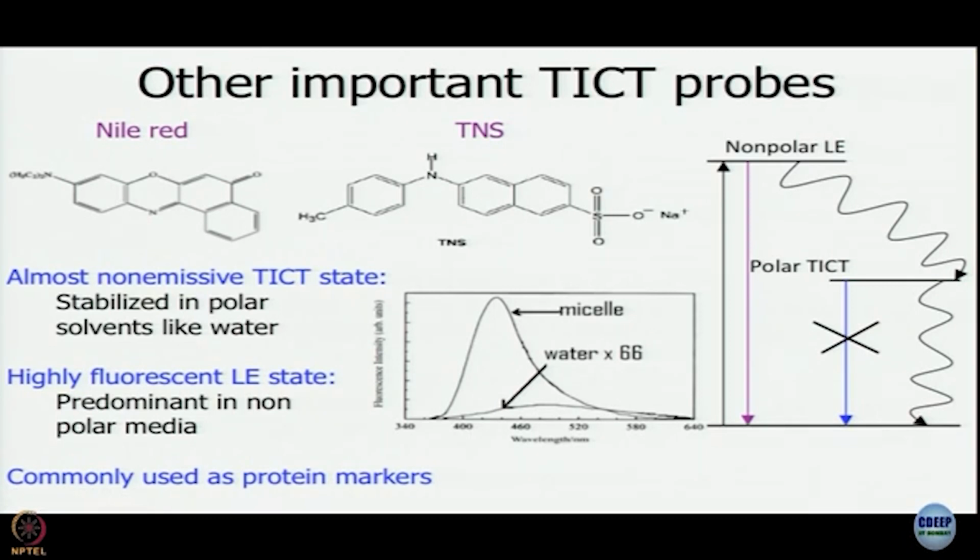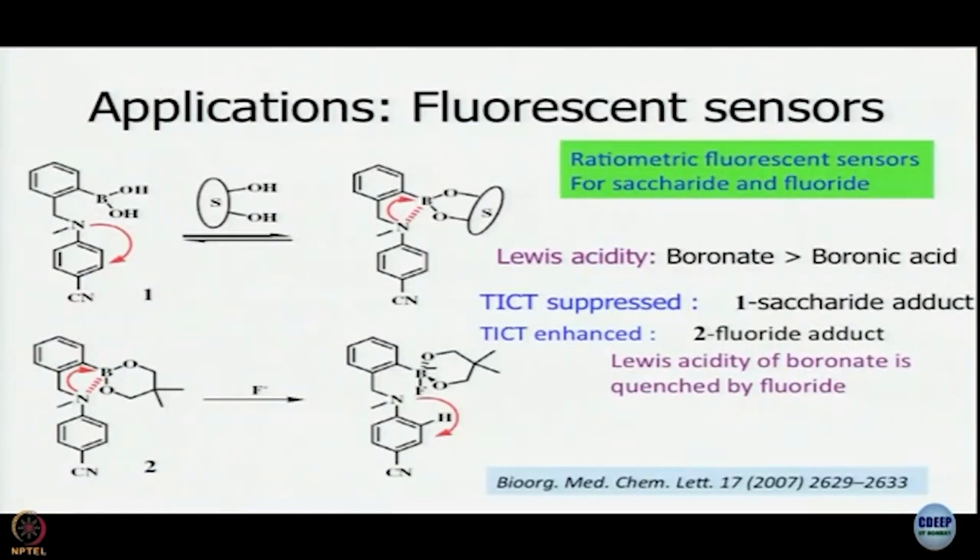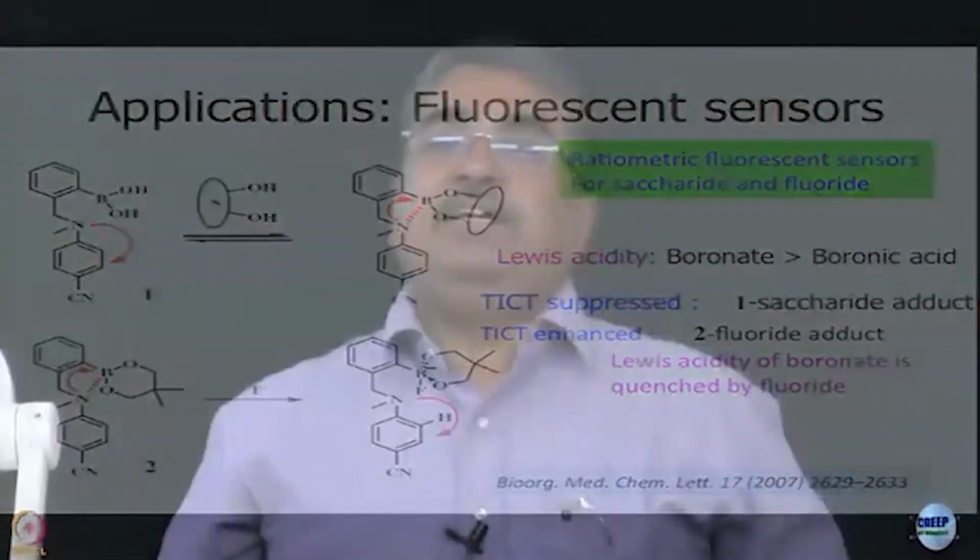Okay. So, these are two examples, and there are many applications that are worked out. This is not such a great example, I do not know why I have put this one. If you read the work of say Professor P.K. Bharadwaj of IIT Kanpur, they have made numerous sensors, and their strategy is always you have an ICT molecule.